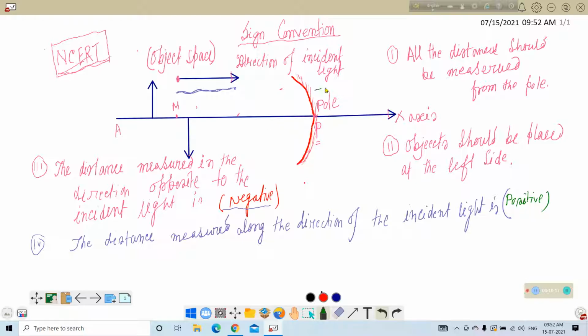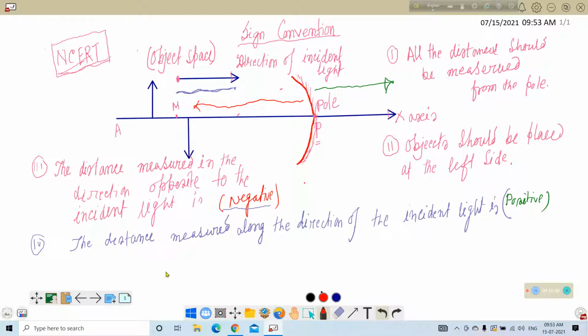So this direction is the positive direction and this direction is the negative direction. Now this is all about the distances. This is the origin, this is negative distance, and this is positive distance.